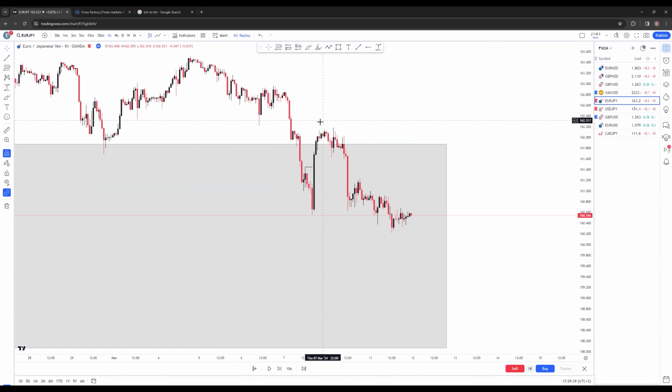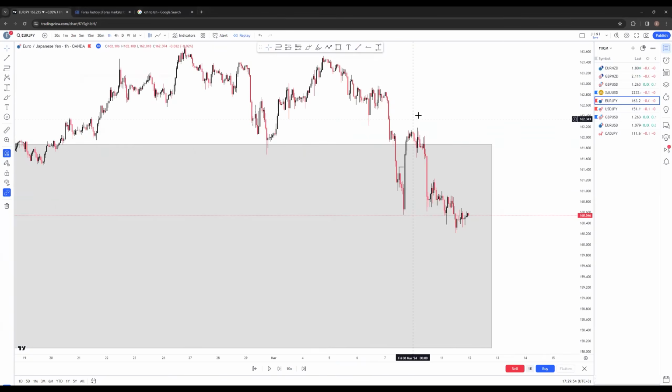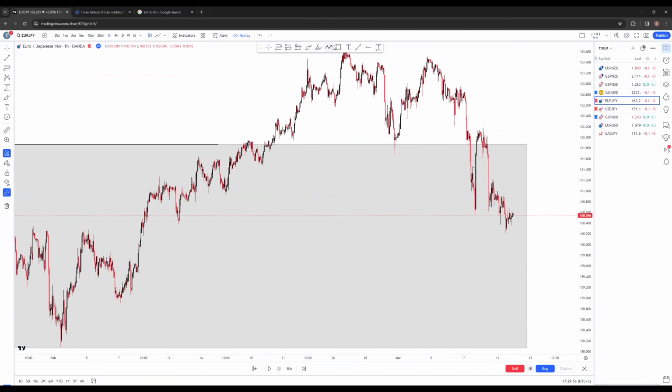But the price didn't break the structure, and then the price breaks the low here. So the price failed to give us the break of market structure, right? Yes.